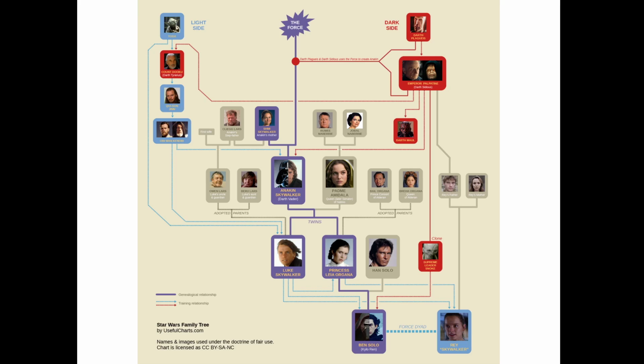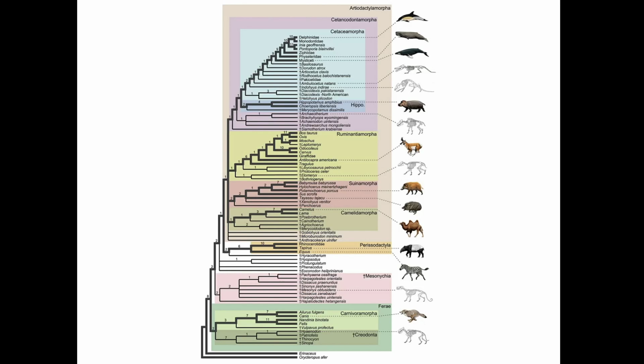Family trees are a little bit more complicated than computational trees, but that's maybe something more for genealogy than it is for computer science. Here's just another example I wanted to pull of a tree being used in a realm outside of computer science, and in this case it's in biology.